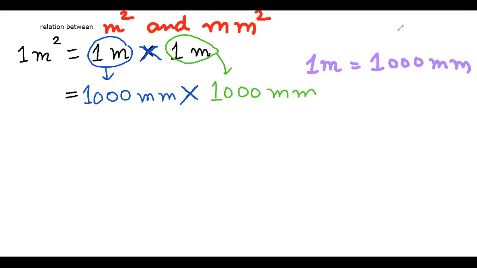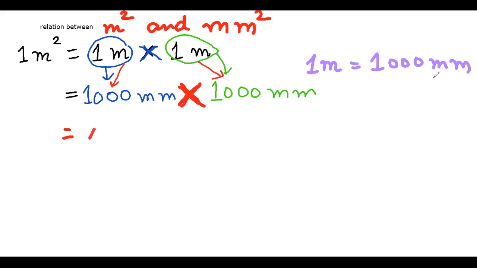So I have written 1 meter as 1000 millimeter in both the cases, and there is a sign of multiplication between the thousands.